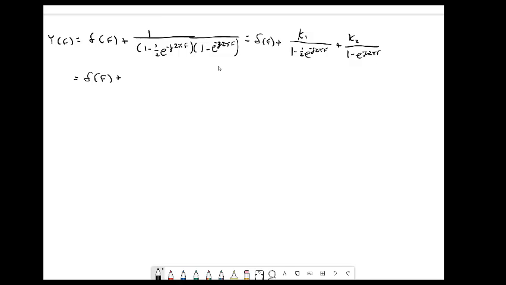And if we put these under the same common denominator, what I'll have is the k1 times this denominator term added to k2 times that denominator term. So k1 times 1 minus e to the minus j2 pi f in the numerator, plus k2 times 1 minus e to the minus j2 pi f.